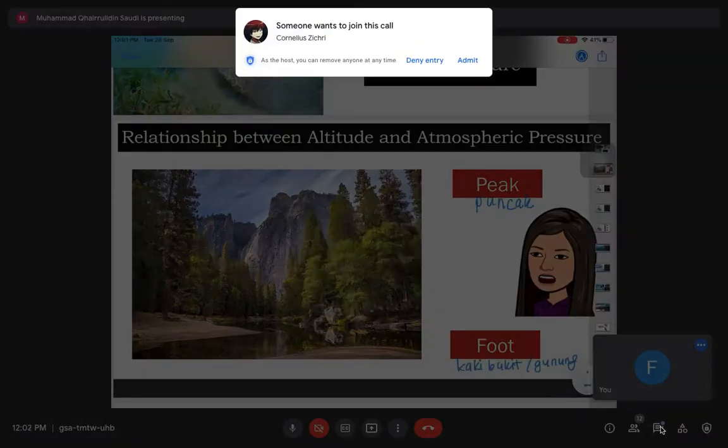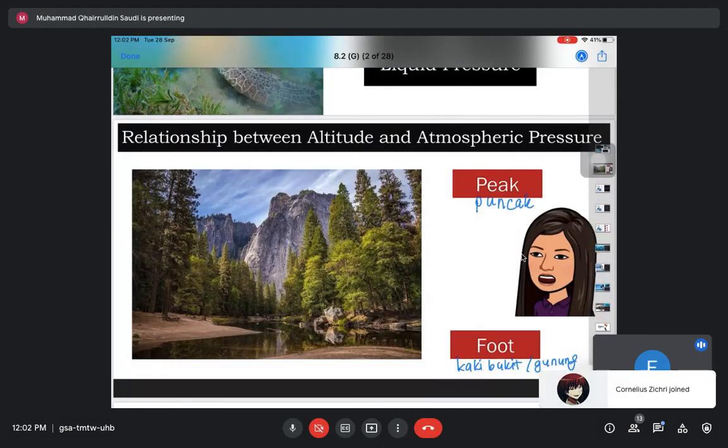So between the peak and the foot of a mountain, can you guess which place has higher atmospheric pressure? The foot has higher atmospheric pressure. Anyone else want to guess?